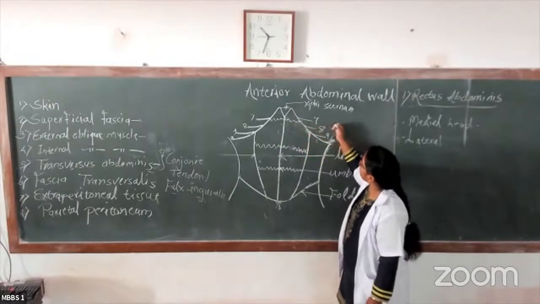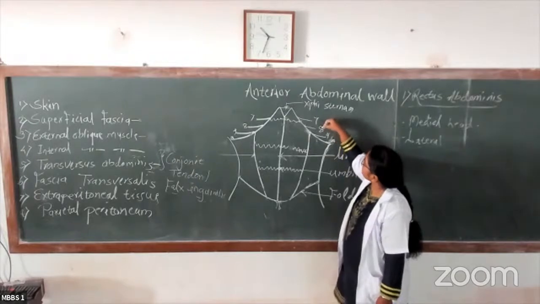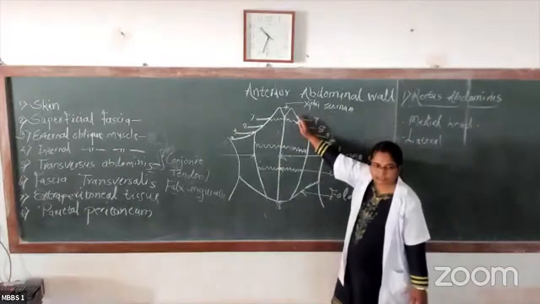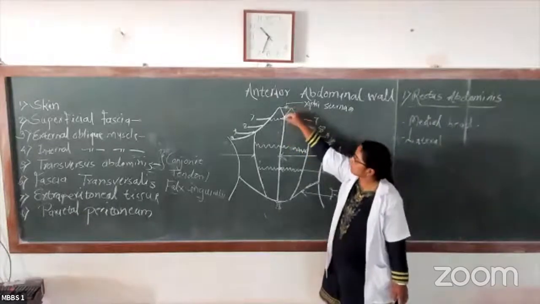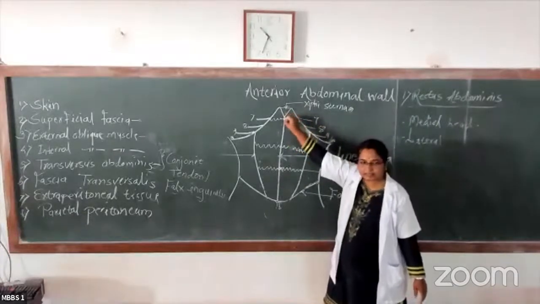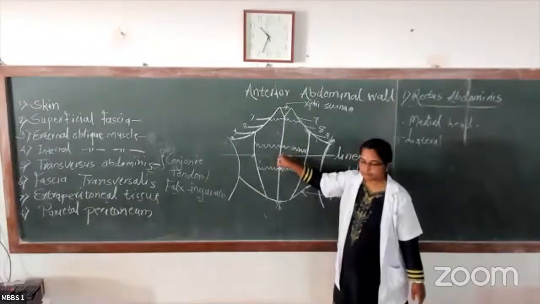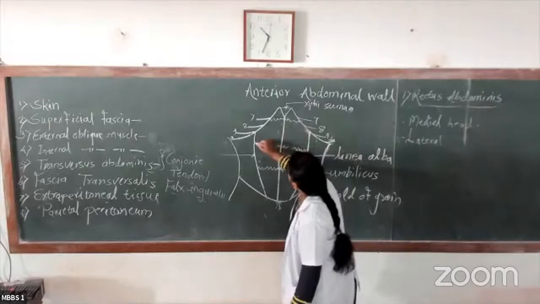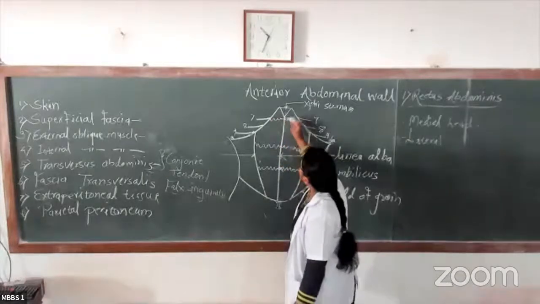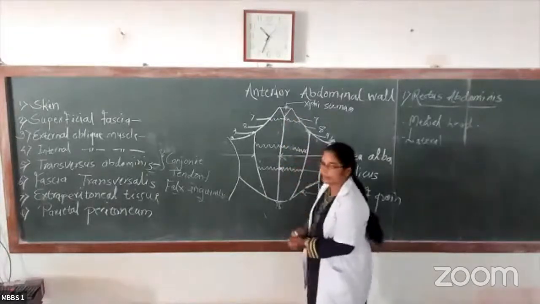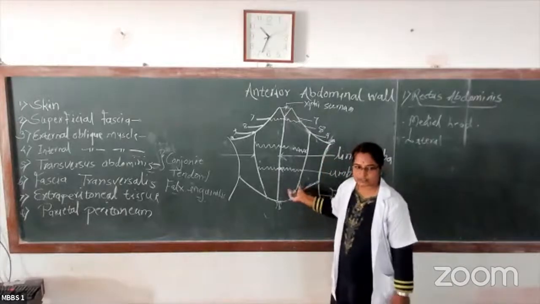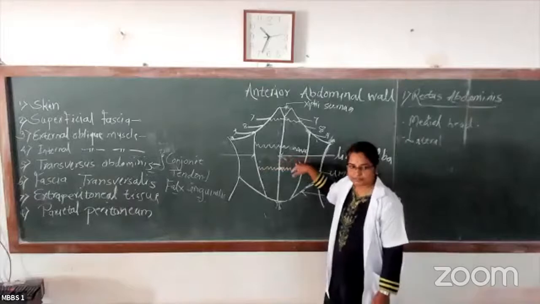That is, on the 5th, 6th and 7th costal cartilages, and on the xiphoid process and the linea alba. Now in this muscle there are 3 tendinous intersections, which produce the linea transversae or transverse grooves.